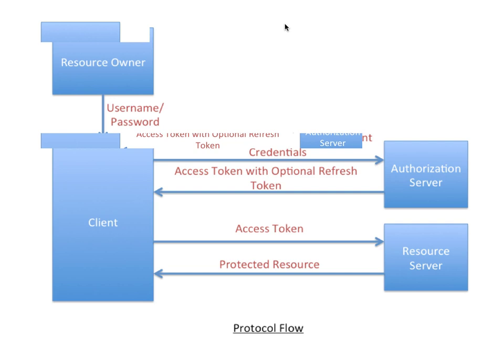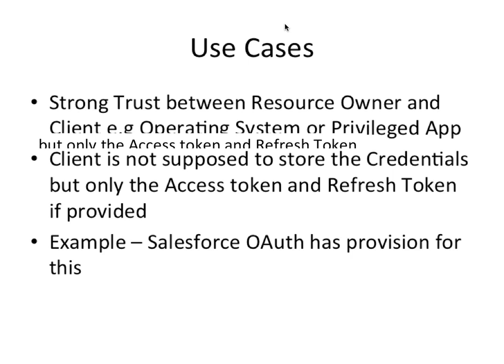It's done with the thought process. And one of the things which the spec says is you are not allowed to store the username and password. What you can store is the access token and the refresh token if you want to refresh the access token. That is the idea. So beyond this, I won't be talking anything in this case because I've not seen any examples which are really coming up, and this is just to cover the specs. Simply as that. So same thing I've written over here.